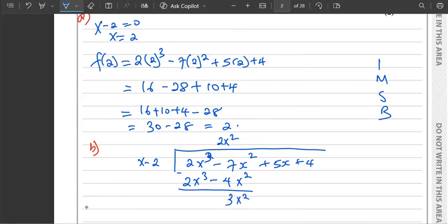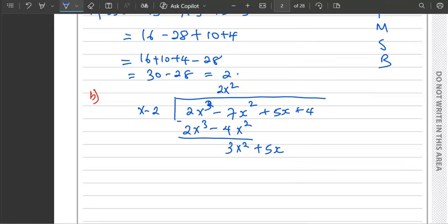Then we can bring 5x down, plus 5x. We start the process again. x goes into minus 3x squared how many times?